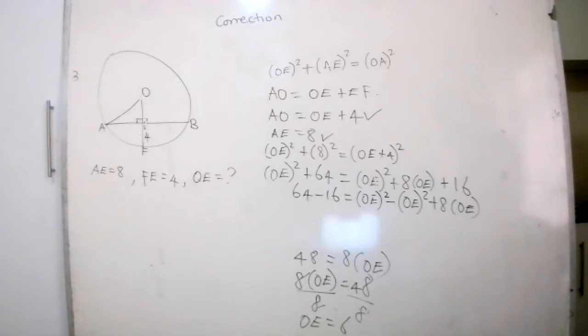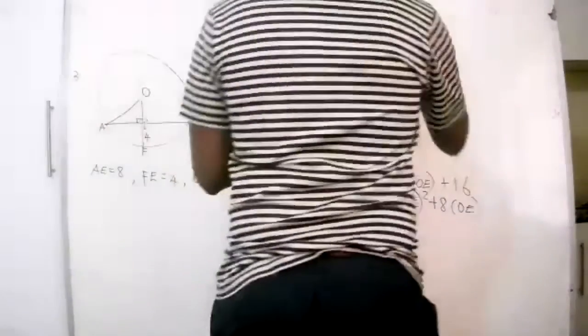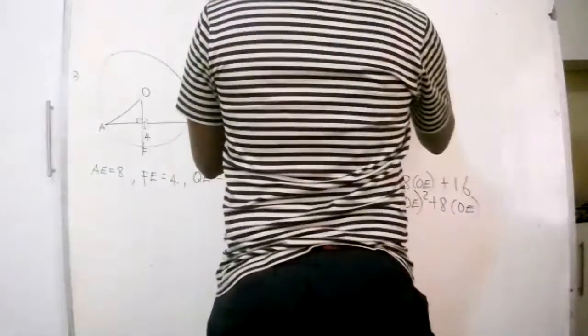Why x squared minus 8x minus x squared again? From that answer you provided, we have something like this.